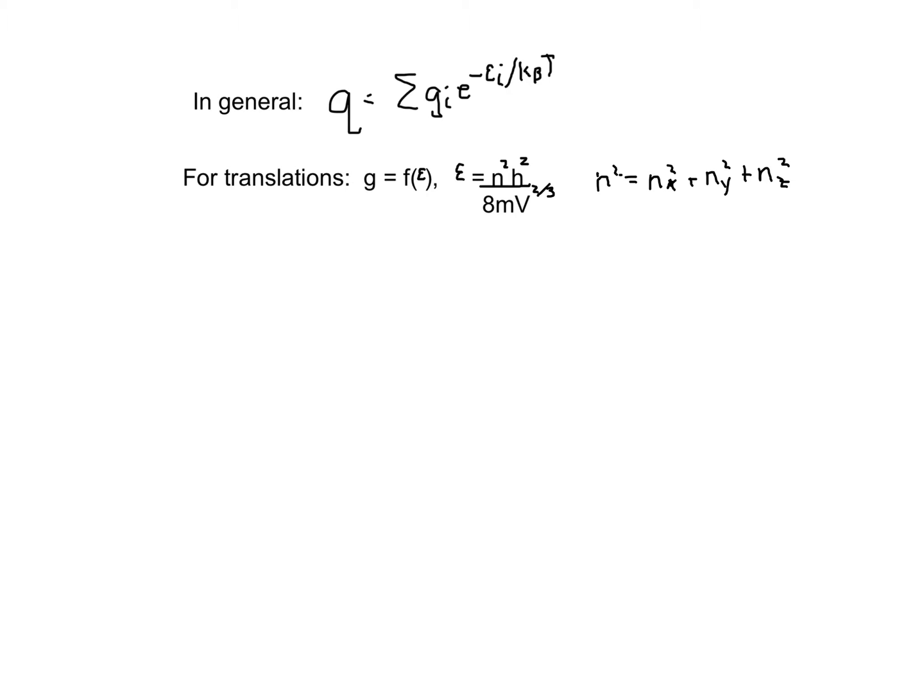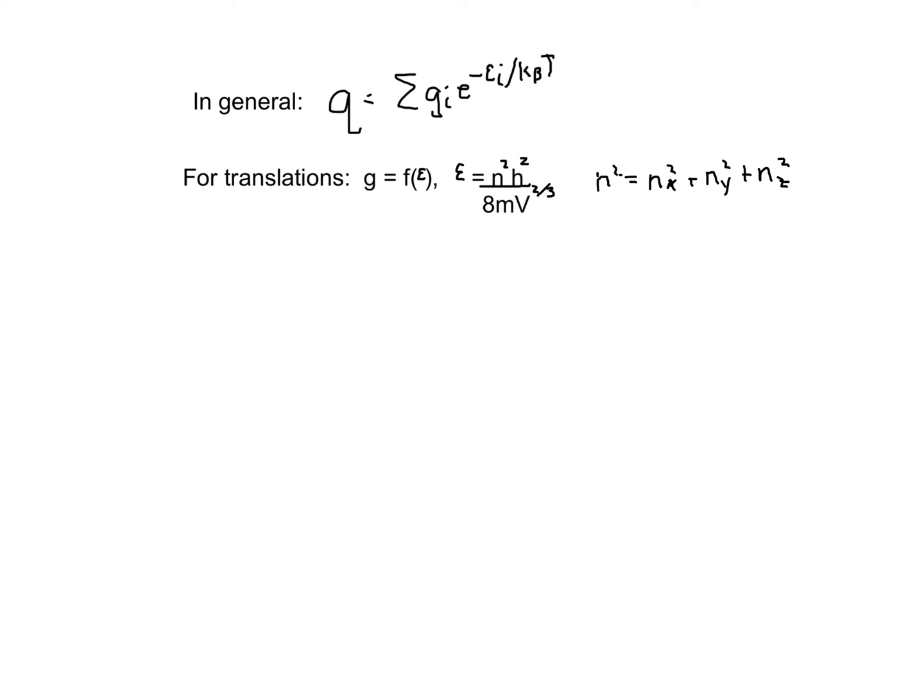This becomes a little bit tricky though, because the degeneracy of each energy state depends on the energy in a non-analytical way. We cannot write an expression for the degeneracy of each state as a function of the quantum number that describes that state. Remember, however, that the quantum number n is made up of a quantum number for the x direction motion, a quantum number for the motion in the y direction, and a quantum number for the motion in the z direction.